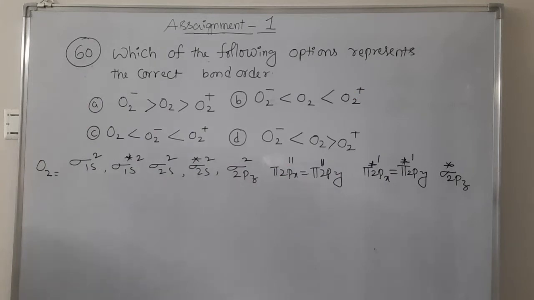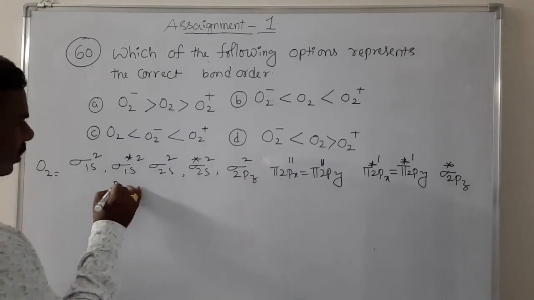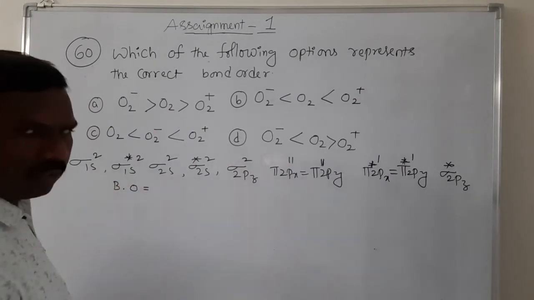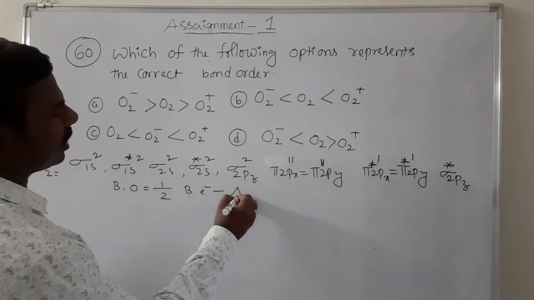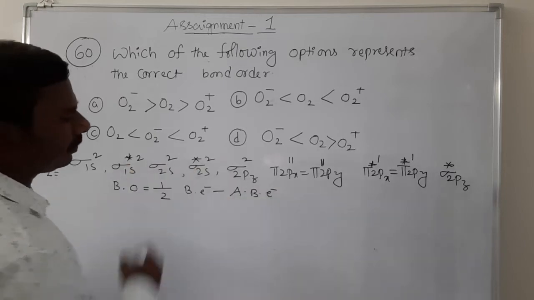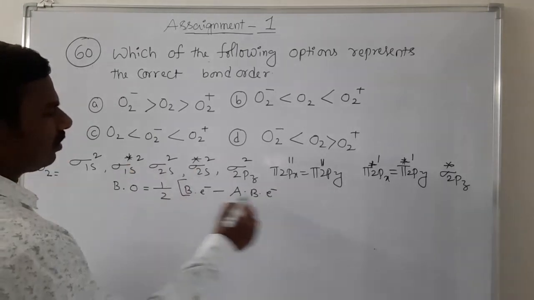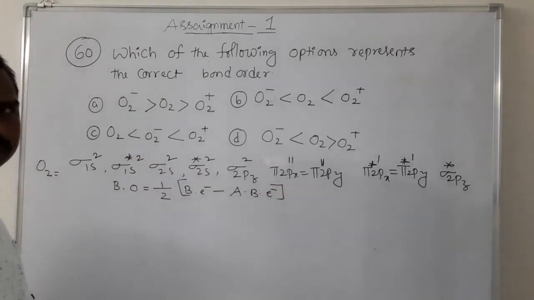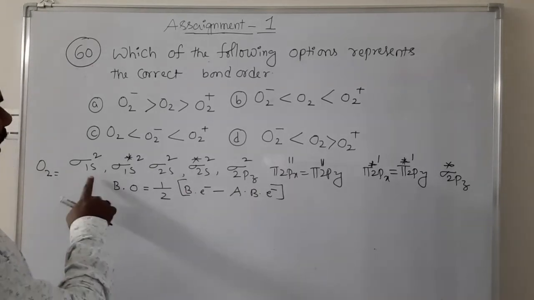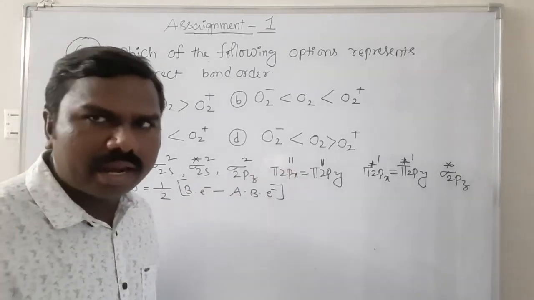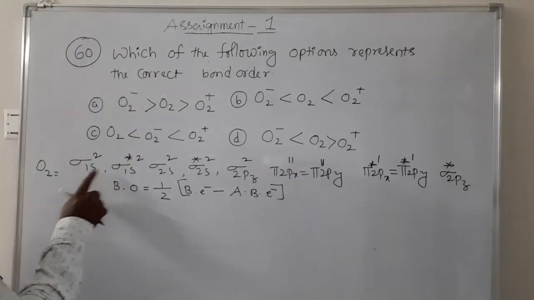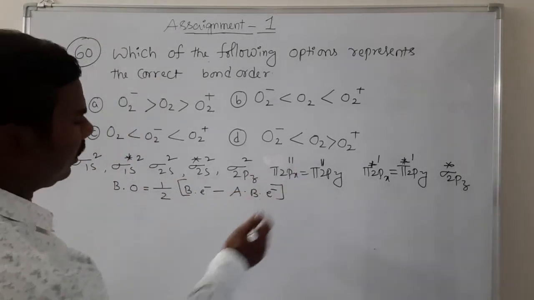Bond order, calculate. Bond order is equal to half into bonding electrons minus anti-bonding electrons. Bonding electrons means without star. Anti-bonding means star electrons. Bonding: 1, 2, 3, 4, 5, that is 10.